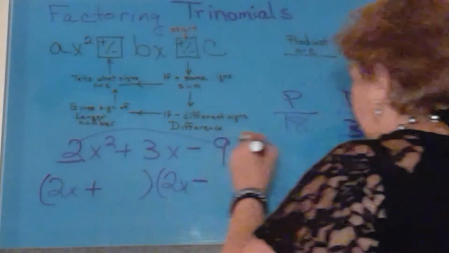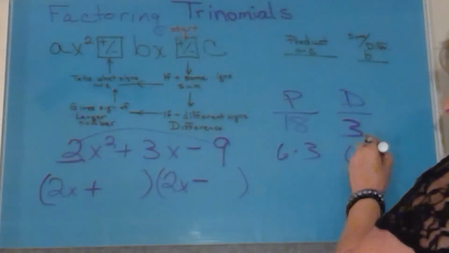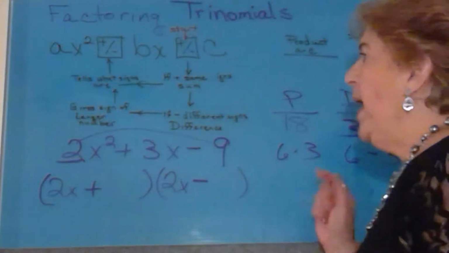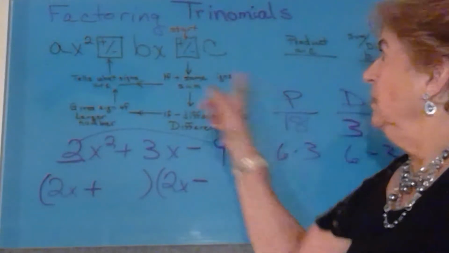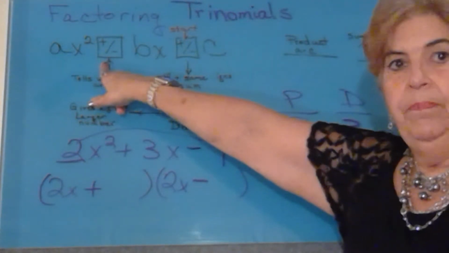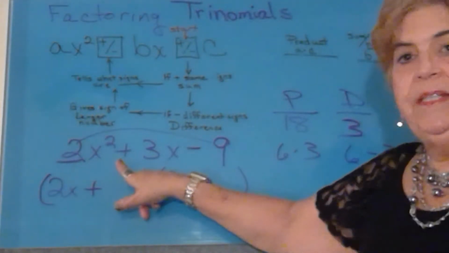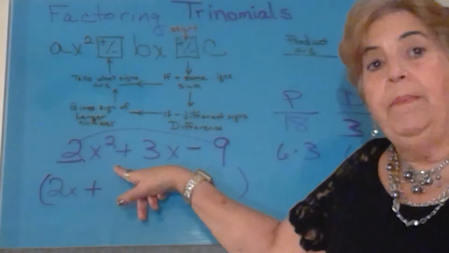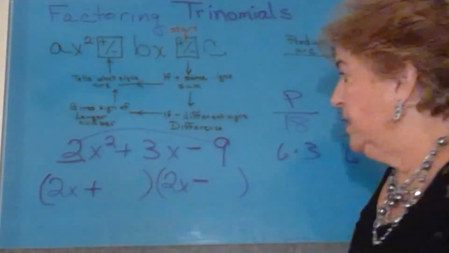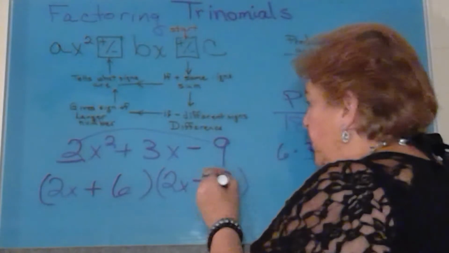But 6 times 3 will work. And remember, this sign gives me the sign of the larger number. The larger number is 6, and that sign is a plus. So I'm going to put the 6 next to the plus sign. And that means the 3 has to go there.